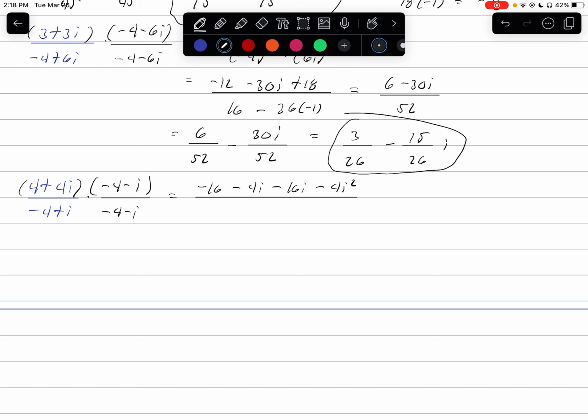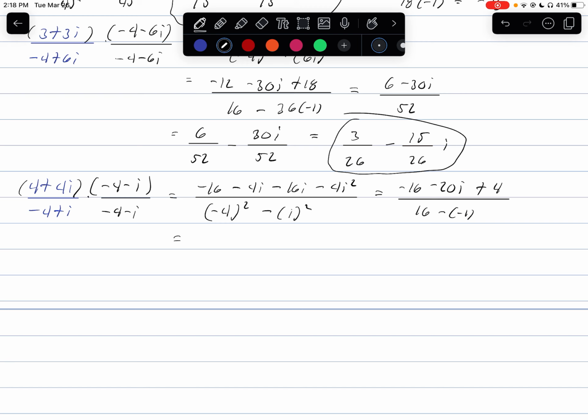And the denominator is going to be a squared minus b squared. So we will have negative 4 squared minus i squared. Okay, so this is going to become negative 16 minus 20i, and this will just become plus 4 because i squared is negative 1. This will all be over 16 minus negative 1.